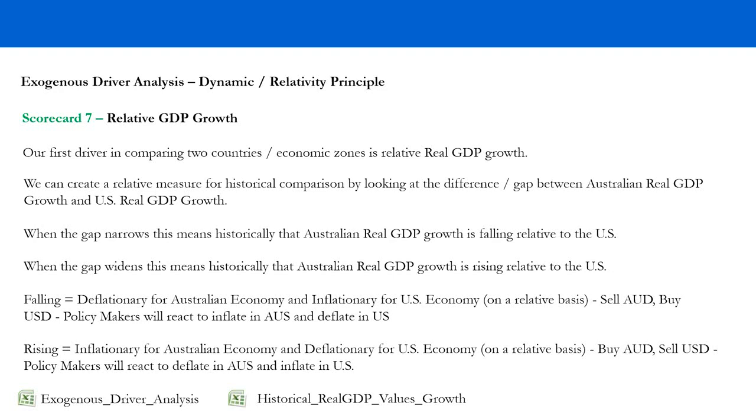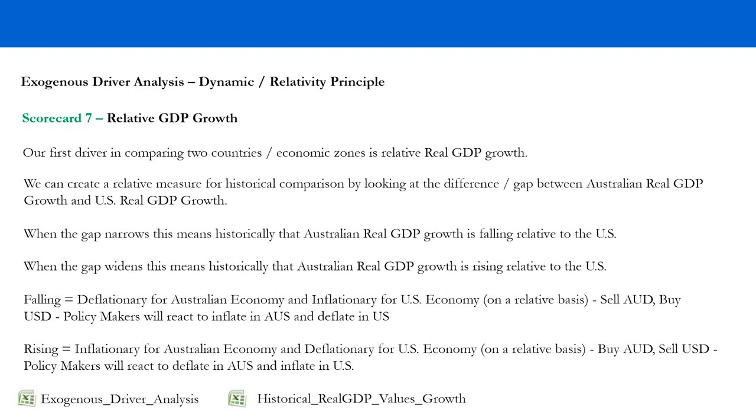So we get a value on the currency in its entirety in absolute terms. But when we compare two countries against each other, what we want to do is measure the relative growth of the two economies and the speed at which they're growing relative to each other.